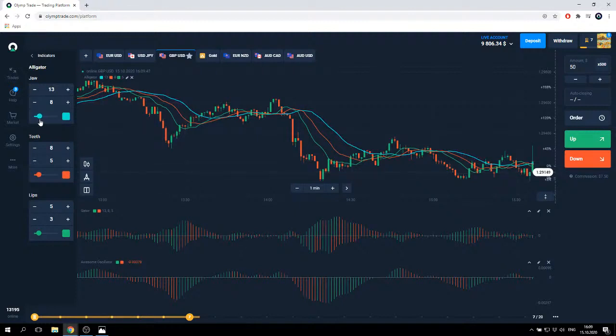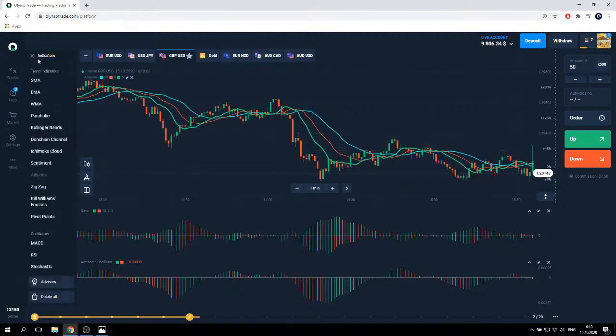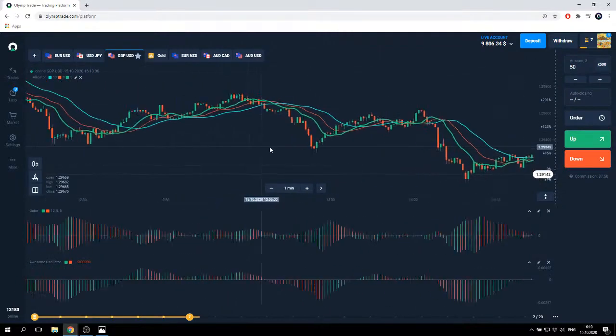This line you need to see here, which is a little bit bold. I'll also make the lips a little bit thicker. This too is a very important thing in this alligator strategy, and it works almost like an SMA, right?